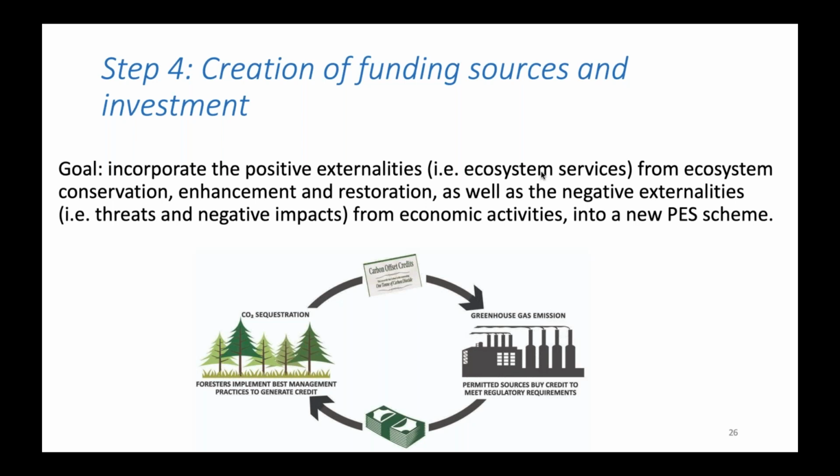And here the goal is to incorporate the positive externalities, like we did through valuation and identification of the ecosystem services, but also to be able to incorporate the negative externalities. So how we're going to incorporate those threats and negative impacts from certain economic activities into the payment for ecosystem services scheme.